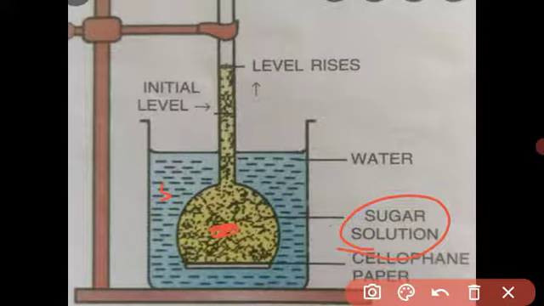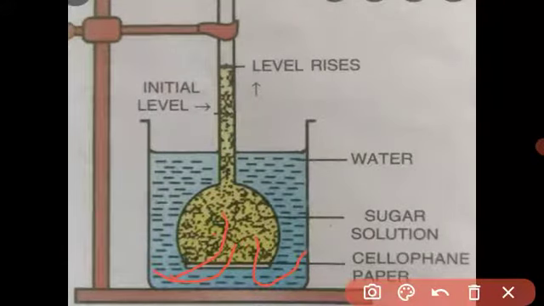Through the cellophane paper, water moves, because here there is a high concentration of water compared to the thistle funnel. By the process of osmosis, water molecules move from the region of higher concentration to the region of lower concentration. So the level of sugar solution rises up.